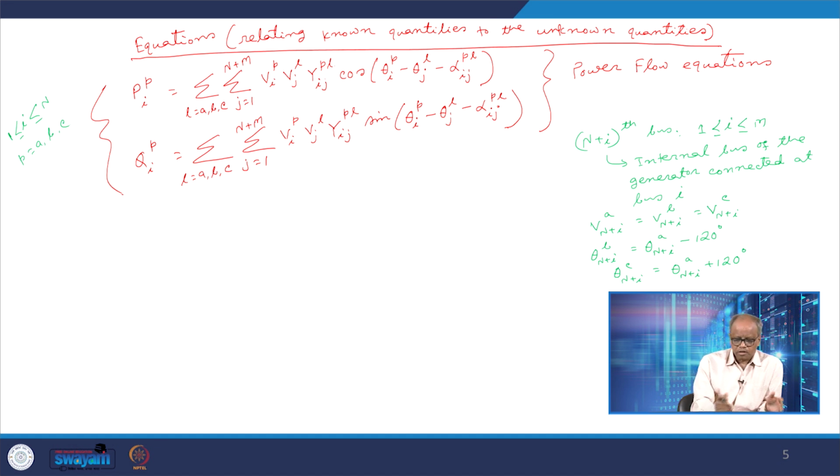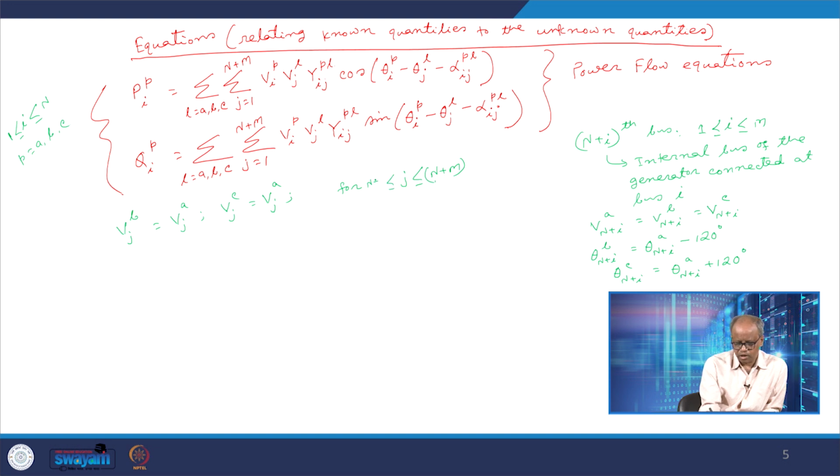So when J is varying from n plus 1 to n plus m, we have to replace VJB and VJC by these expressions, right. So VJB is equal to VJA and similarly VJC is also equal to VJA, for J from n plus 1 to n plus m.